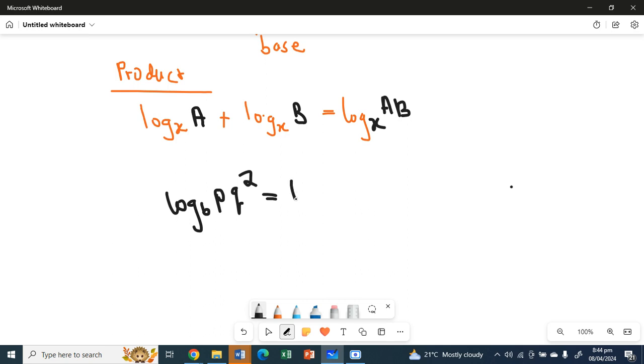So this is going to equal log_b p plus log_b q squared.